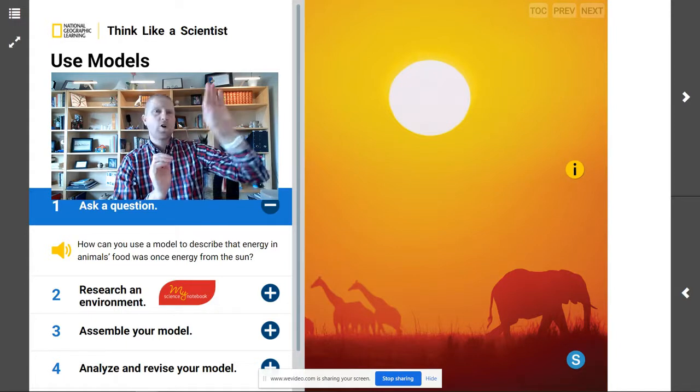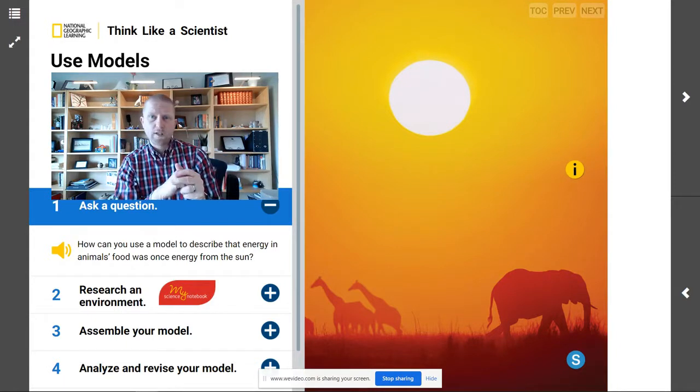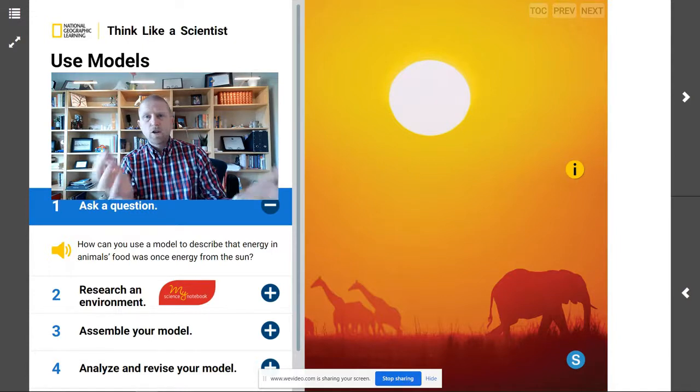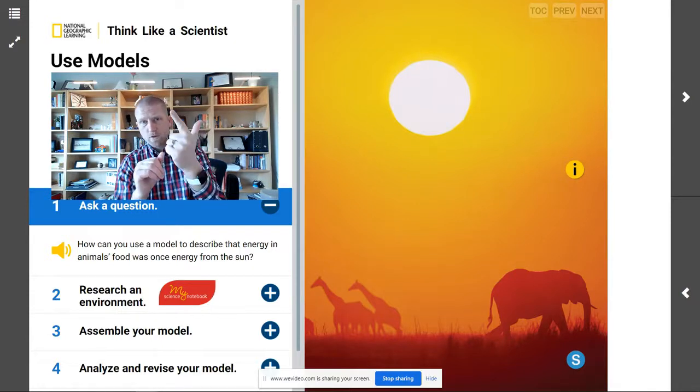Now, what are the parts in a food chain? If we think back to our rainforest food chain or that pond food chain from our last lesson, you know that every food chain is going to include the sun, producers and consumers.